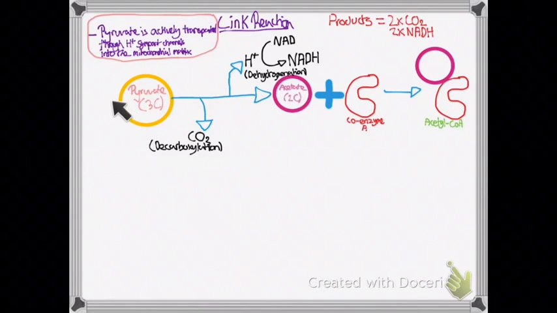This compound is too large, so we need to remove one of the carbons, and that is decarboxylation. This produces CO2. Anytime you see CO2 produced, you know a carbon has been lost, so the compound has got smaller.